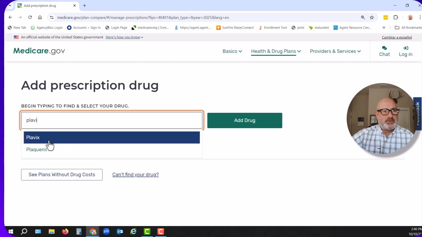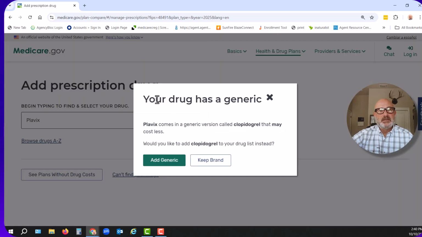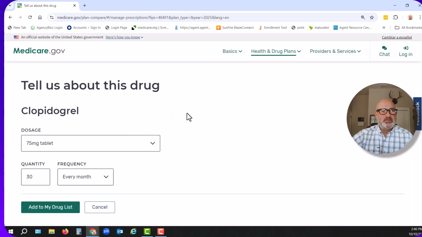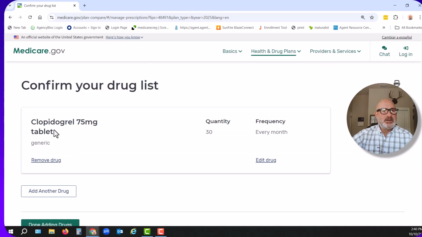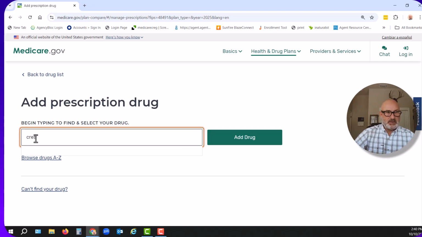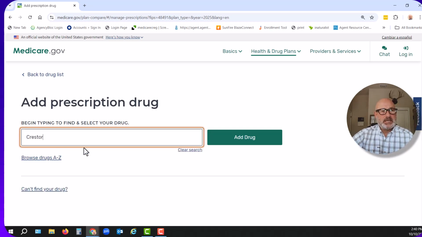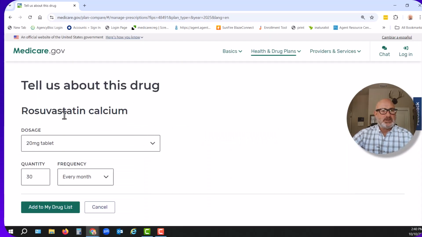So I forget my generic's name, but I know the brand name, and that's Plavix. I'm going to add the generic because they don't pay for the brand name, too expensive. All right, I'm going to add that to my drug list. Let me add another one. Again, I can't remember the generic, but that's okay. I'm going to add it. They don't even cover Crestor, so.